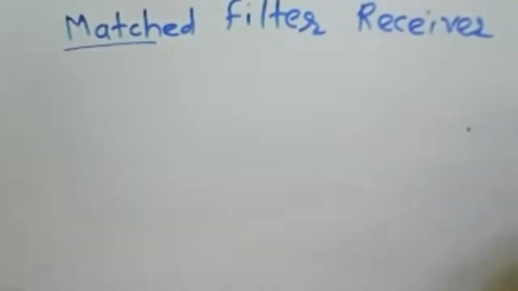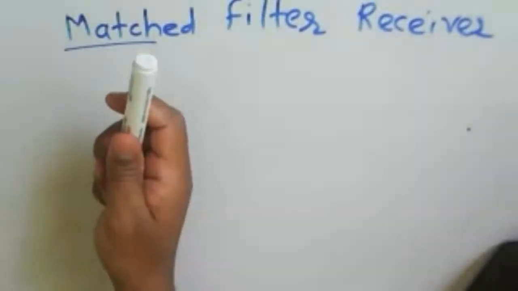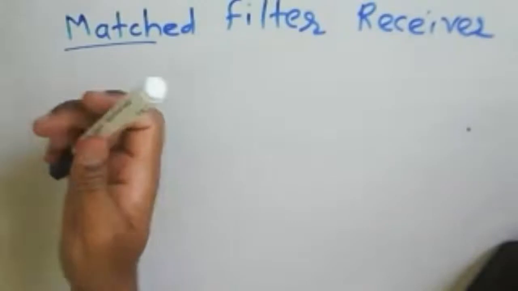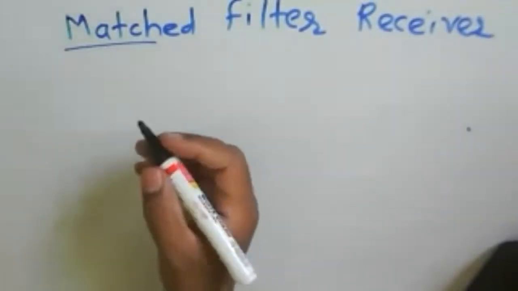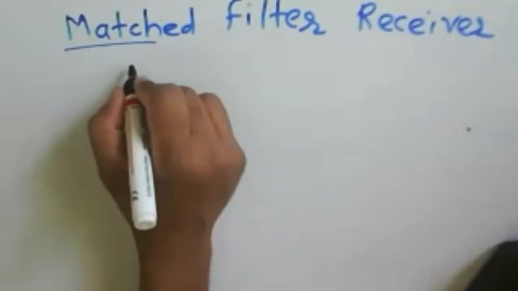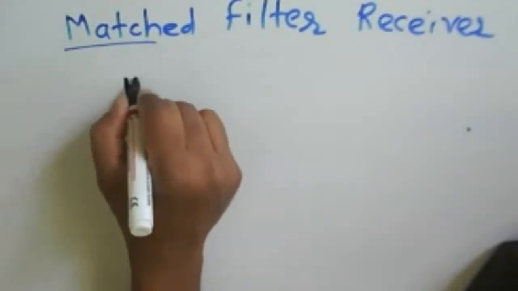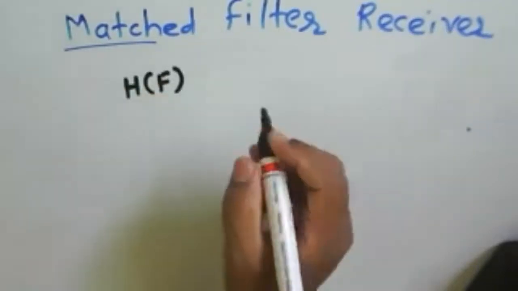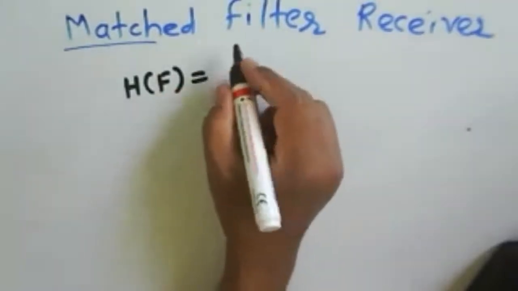So for that purpose, we need to find out how to obtain the H of f for the given function. For that, we need to know about the receiver: what will be the received signal waveform at the receiver, and what will be the frequency response function for this particular H of f? So H of f we can write in terms of what?